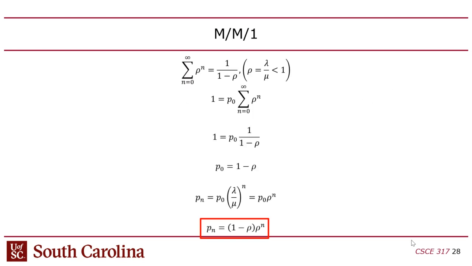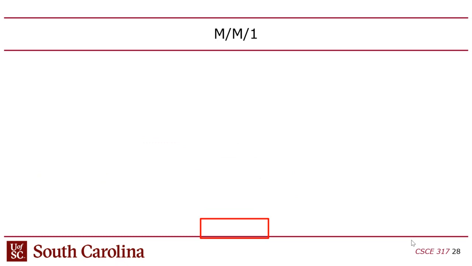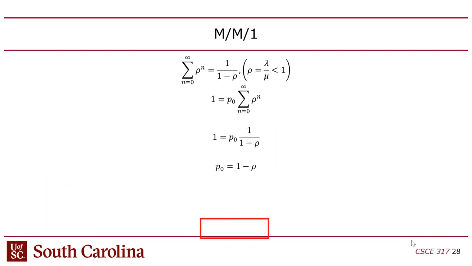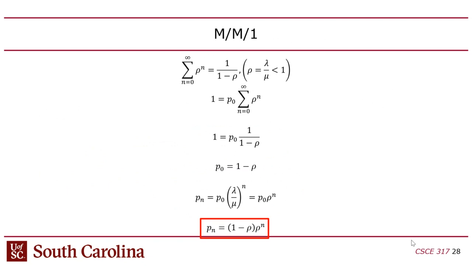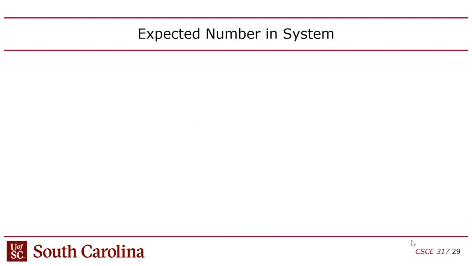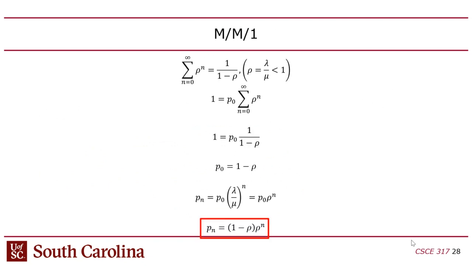Sorry, my animation order is wrong there. What we ended up with is that p sub 0 is 1 minus rho, and that was done through a lot of steps. The expected number of customers in the system was a stranger one.